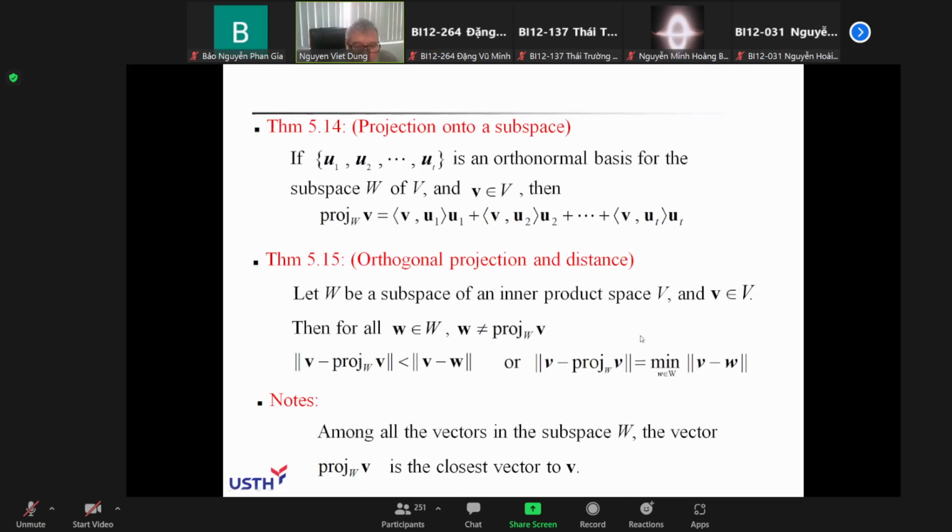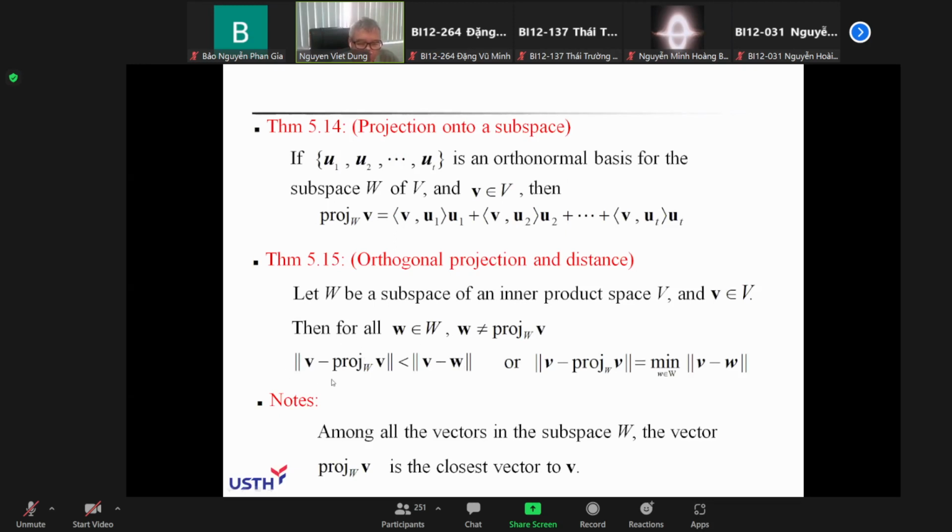And finally, once again, I repeat to you that we have a property concerning the distance between a vector and its orthogonal projection on a subspace. That is, if we consider a vector V and its projection on a subspace W, then the distance from V to its orthogonal projection is always less than the distance from V to any other vector inside the subspace.